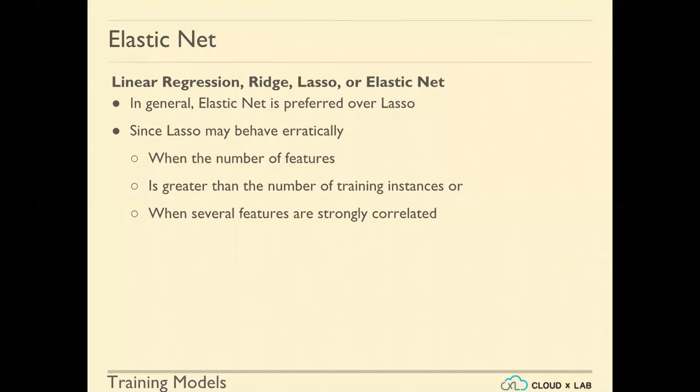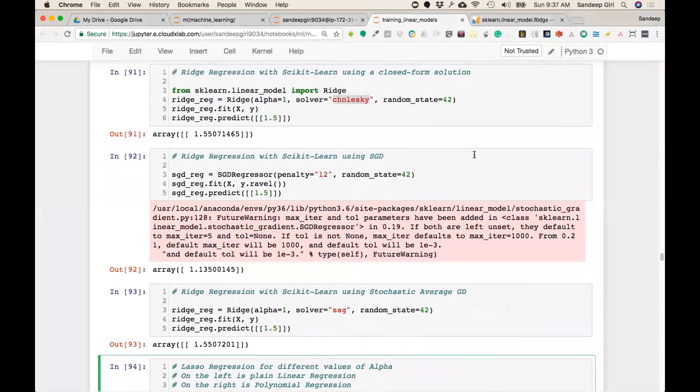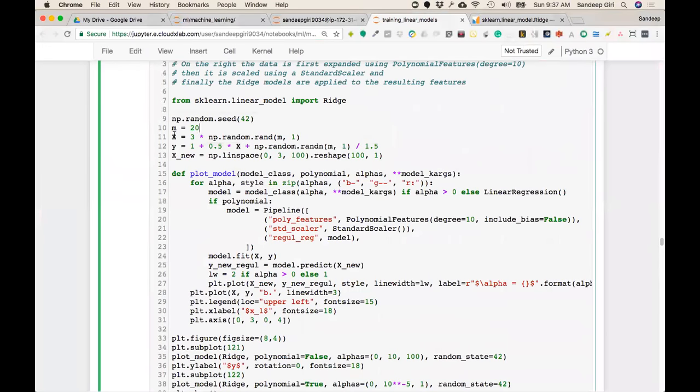Question is, what does mean of their input? Let me show you what we have done here. What we're trying to do is we have a line. We created this data X and Y. Ideally, you will get this data from your problem statement.